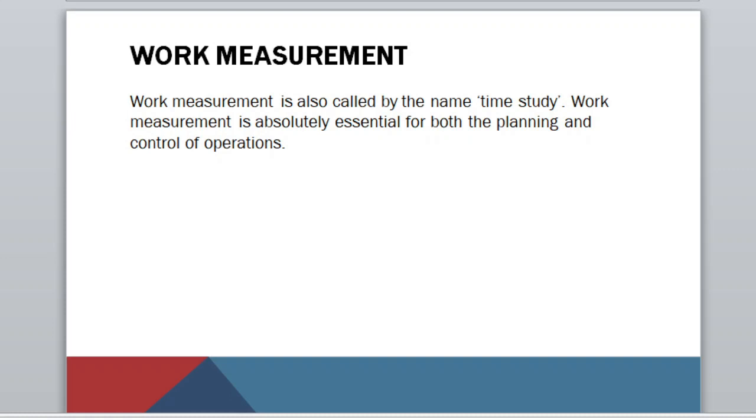So it may not be possible to introduce incentive schemes and standard costs for budget control. So it's very important that we do the time study or the work measurement, so we can identify the performance of our workers, and whether they are overpaid or underpaid in their salary.